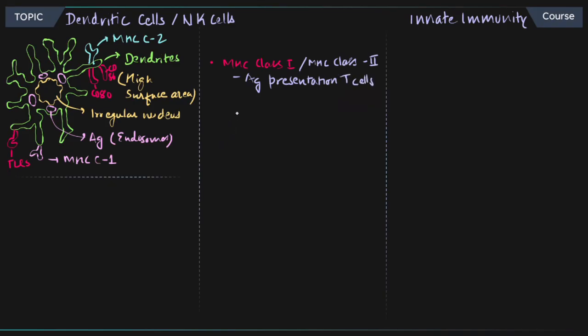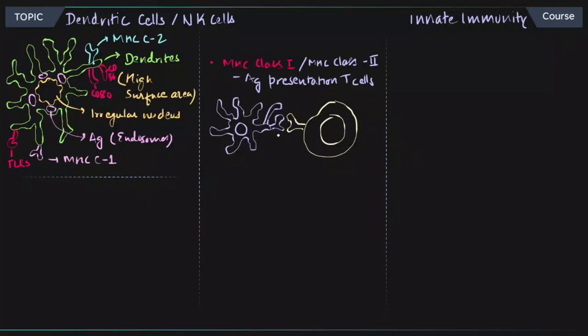Antigen presentation. If I diagrammatically try to show you, let's see, this is the dendritic cell, and that's a nucleus. It will have the MHC receptor, and additional receptors are also there. It will interact with another cell, which is the T cell in this case, and there will be a receptor from the T cell side. This is MHC, and there will be some co-receptors along with the MHC.